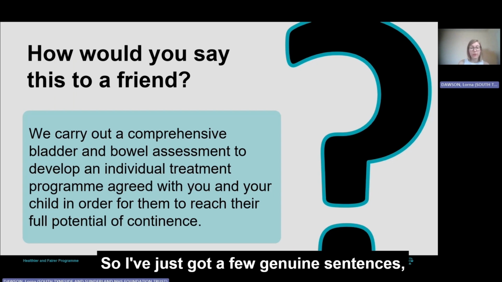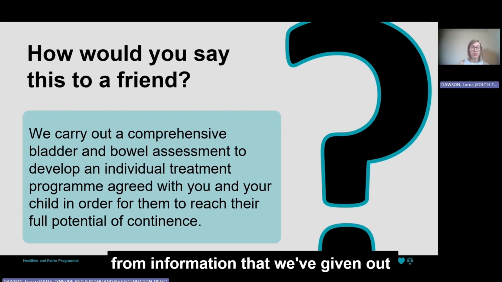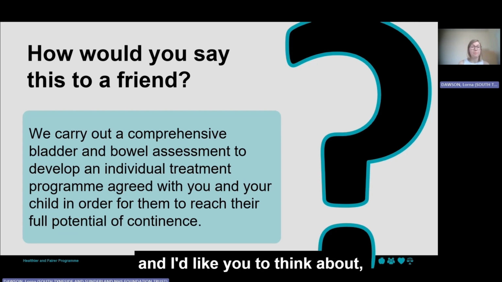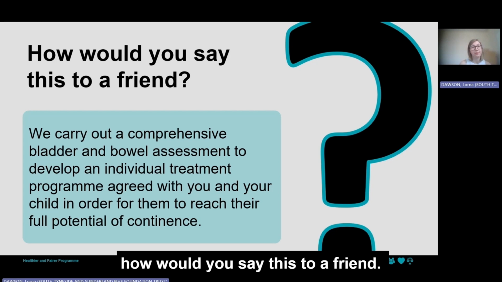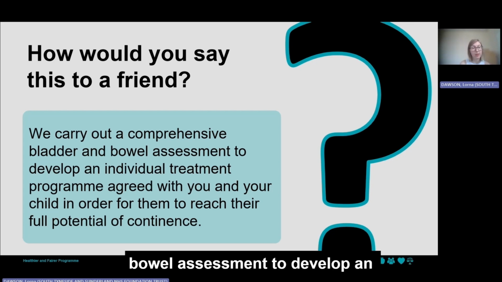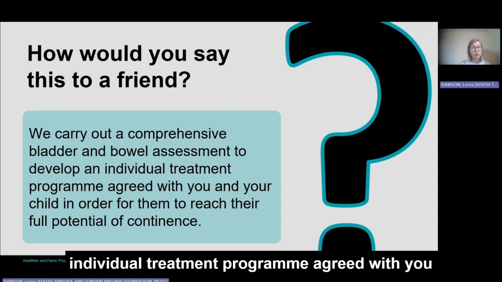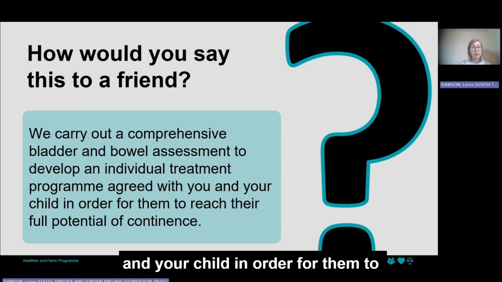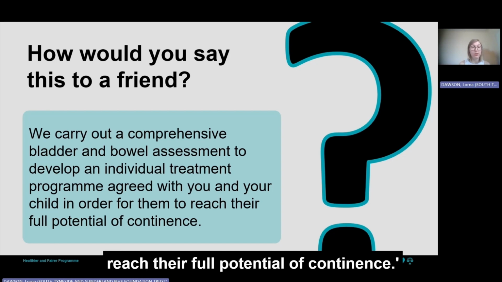So I've just got a few genuine sentences from information that we've given out, and I'd like you to think about how would you say this to a friend? So we carry out a comprehensive bladder and bowel assessment to develop an individual treatment program agreed with you and your child in order for them to reach their full potential of continence.